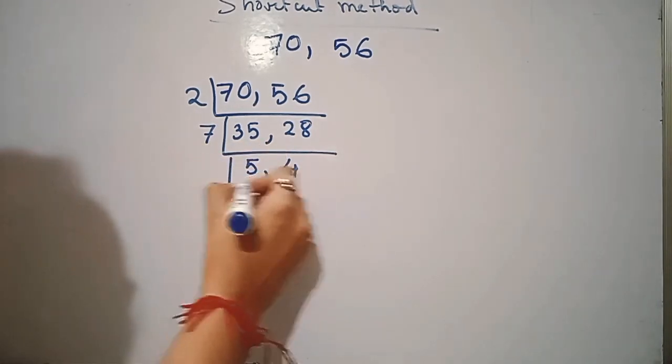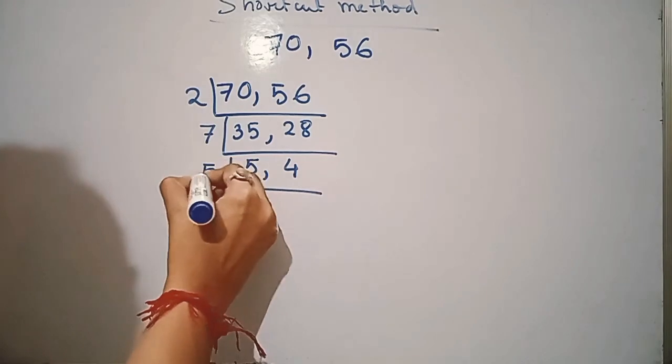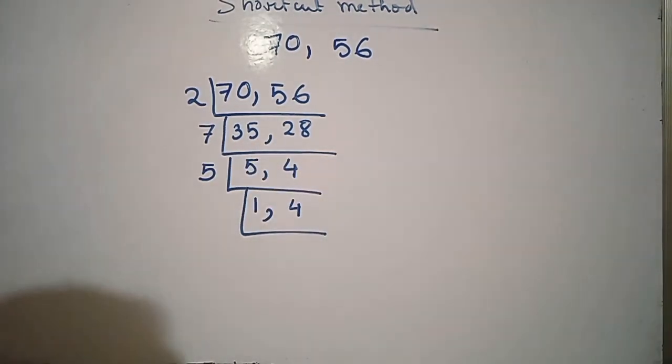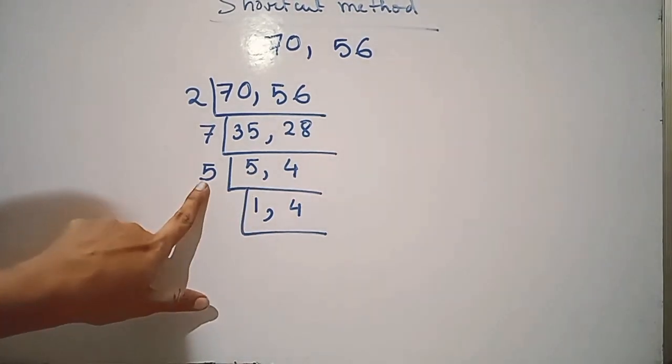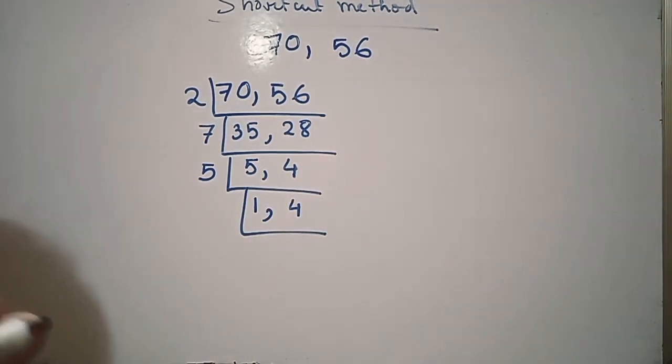In this step, I cannot divide 5 and 4 simultaneously. So I will divide 5 by 5 and write the 4 as it is. The 4 is not divided by 5; I am dividing only 5 by 5, so 4 will stay just like that.